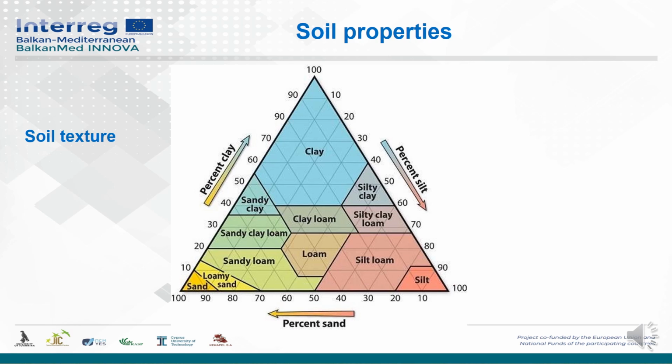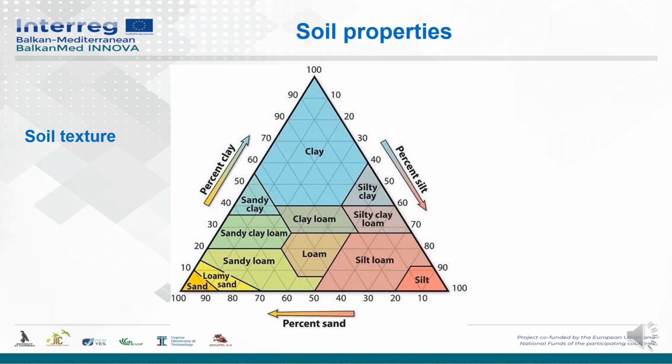Then if the content of silt was 30%, we do the same thing, go to the silt vertex, find the number 30, and follow the line that is parallel to the clay.